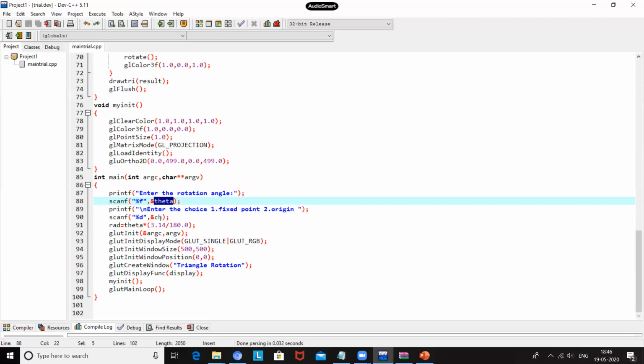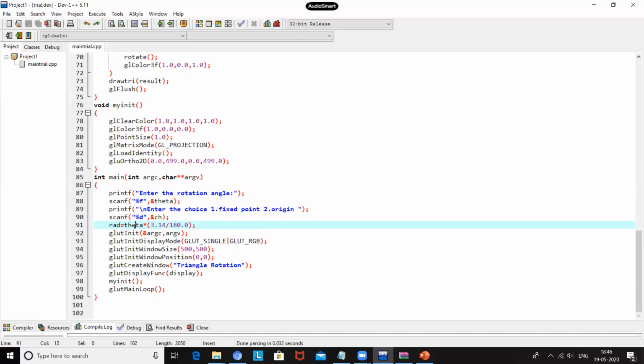That is also read into the variable ch. Finally, we are converting the angle entered by the user, which is in degrees, to radians using this equation: the angle in degrees multiplied by the pi value divided by 180.